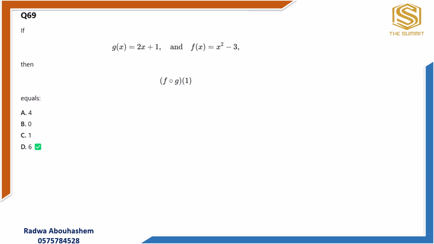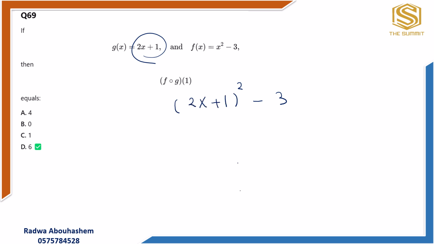Now here he's asking for f composite g. What is the meaning of f composite g? I'm going to start first with f, because he started with f. So here it is: x power 2 minus 3. Then I'm going to erase the x and put the g. So I'm going to erase the x here and put the g: 2x plus 1.